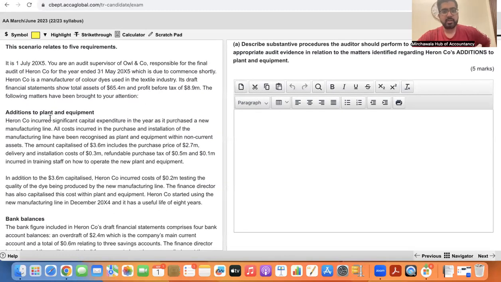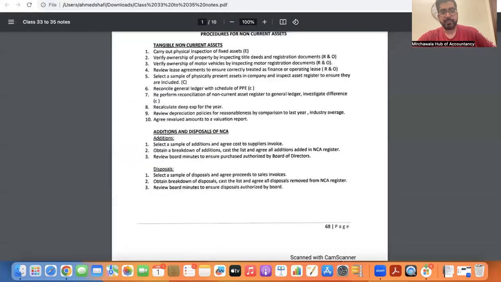Now first go into our substantive notes file. Substantive procedures for additions, we will write them. We will write the things from the scenario, company name, and amounts, to ensure we are linking it as well.